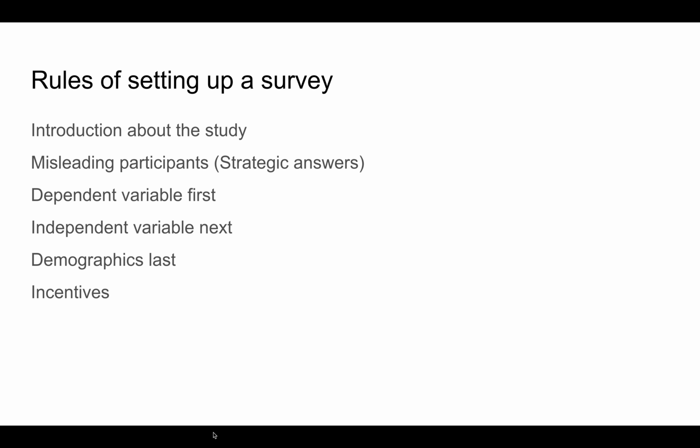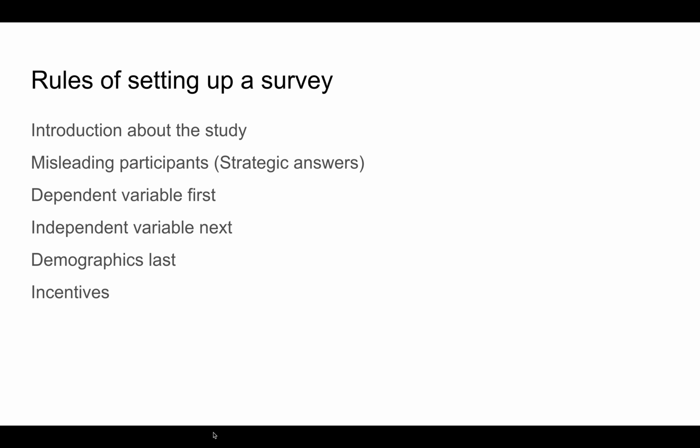And always ask the dependent variable first, like customer satisfaction or customer loyalty or employee satisfaction. If these are your dependent variables, ask these questions first, because if we ask other questions, they might corrupt the customer's mind. For example, if we ask a customer about a service encounter that went bad in a service firm, the customer might think about such an instance, and that might temporarily reduce his or her satisfaction with the firm.